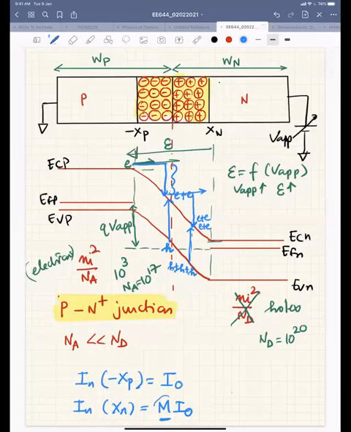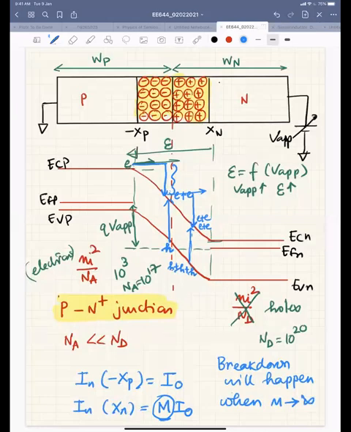So the breakdown will happen when this M tends to infinity. When M becomes very large, your breakdown will happen, and that voltage is the breakdown voltage.